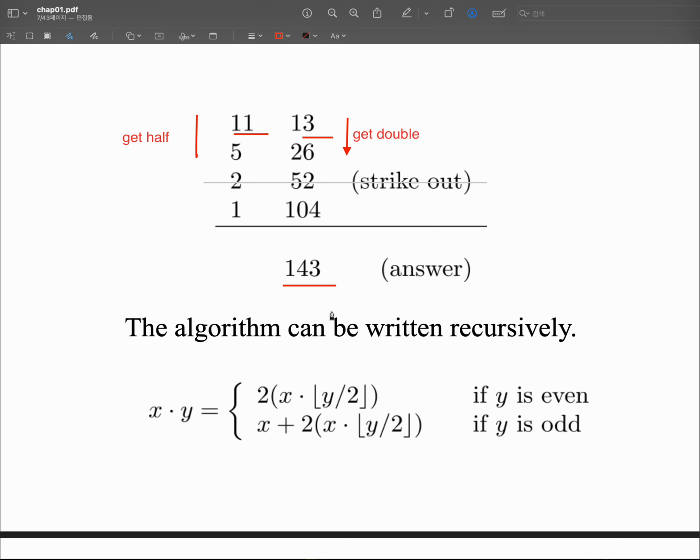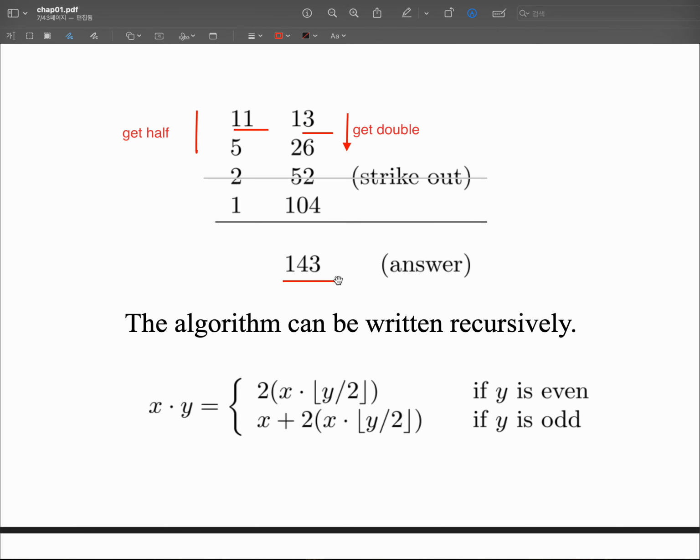You only memorize some values when you have an odd number, and then you double down. So this method will make the correct answer, because you get half and you get double, and finally the number is the same.